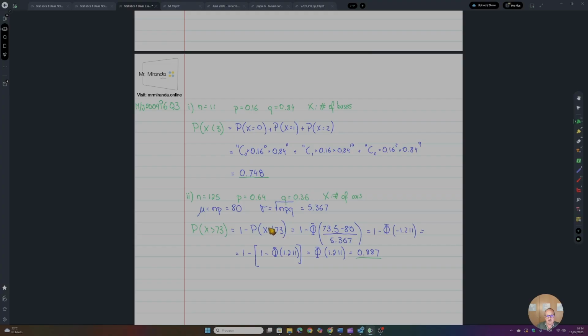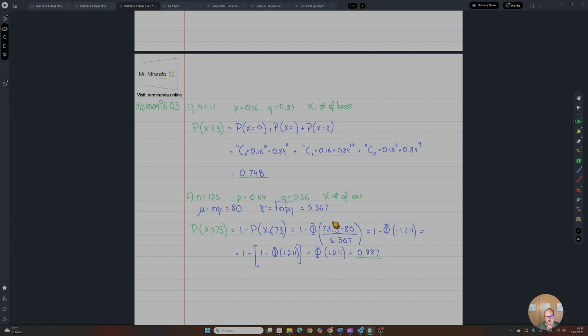Since this is smaller or equal, you know that the continuity correction needs to include the value that is slightly above this one, so it goes to 73.5, minus the mean, divided by the standard deviation.